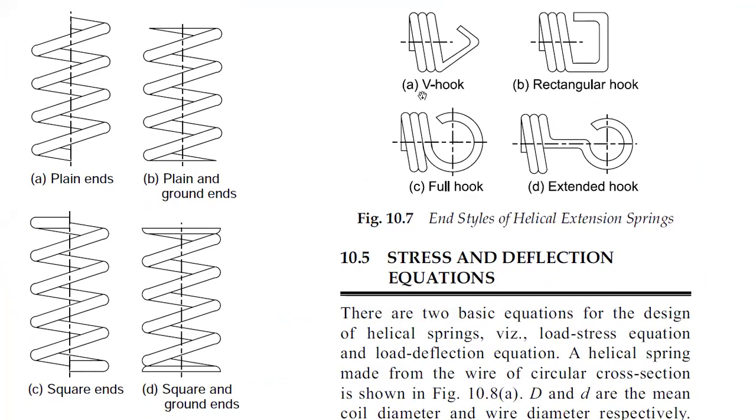You can see it is like a V shape. So it is a V hook, rectangular hook. According to the application, we have a rectangular hook, full hook, real shape of hook, and extended kind of hook. Likewise.